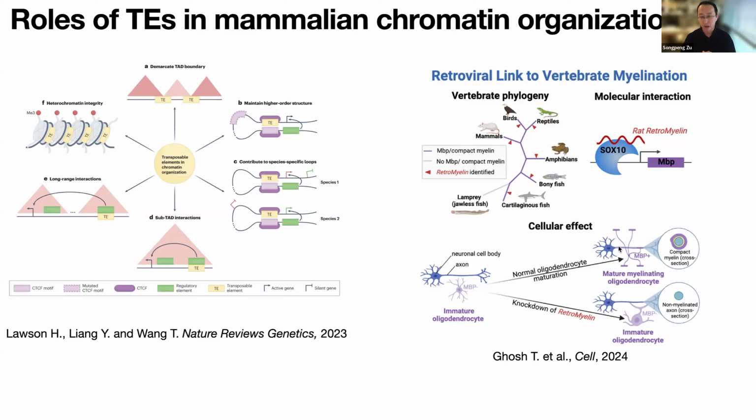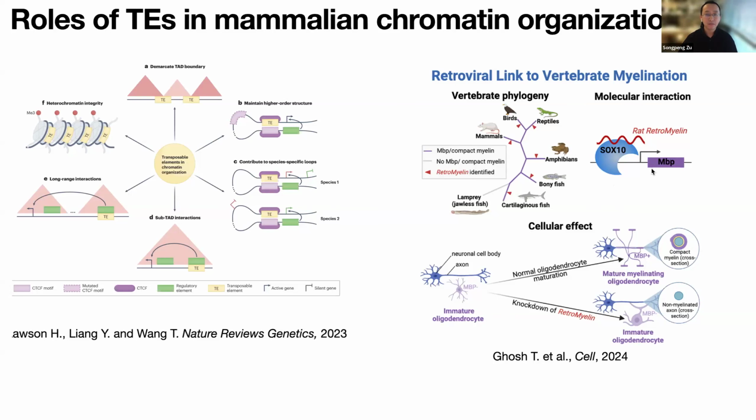So this oligodendrocyte, a non-neuronal cell, has a very important biological function. And once these transposable elements have the corresponding RNA sequences, they bind to particular proteins, and together they regulate the downstream genes.